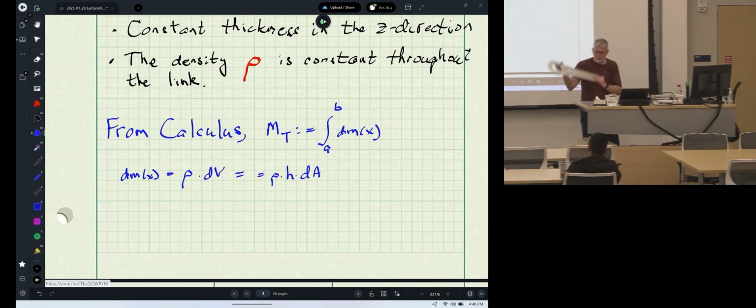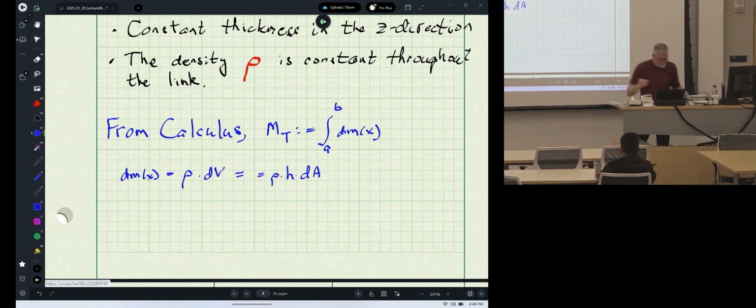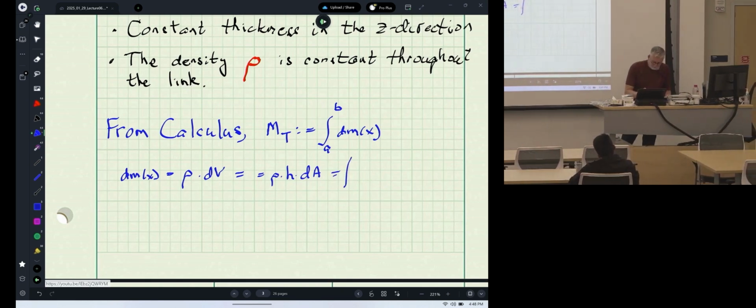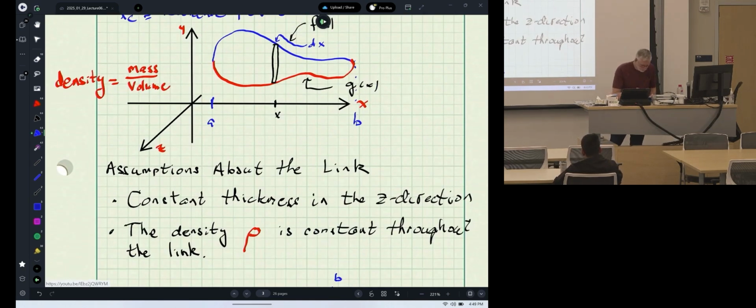Once again, constant thickness in the z direction here. And so we're not doing the integral yet, Grizzle. So it's rho times h, f of x minus g of x, that's the height of the rectangle, times its width. Okay, so that's a differential mass, dm.